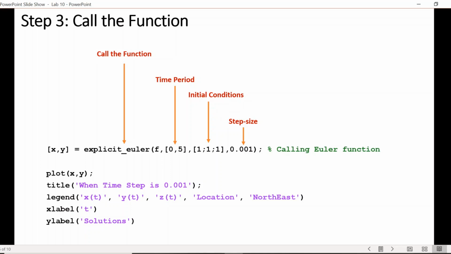Now you need to be careful while defining these initial conditions. For example, I defined the initial condition as a column vector with the semicolon here because the Euler function I defined has a left side with a dimension of 3 by 1, so the right side has to have the same matrix dimensions.